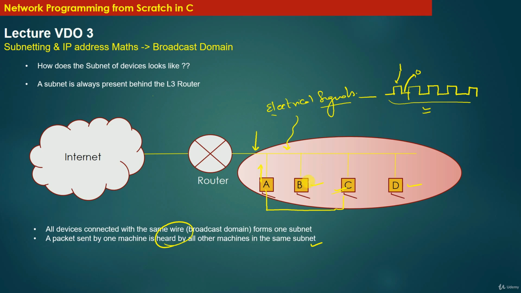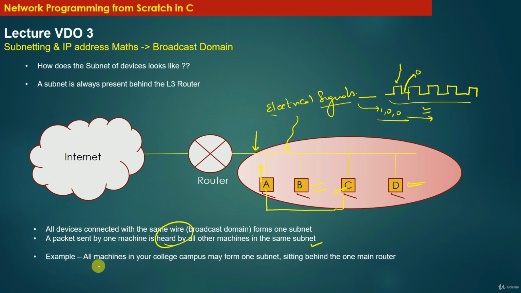Processing the electrical signals detected on the wire is equivalent to processing the packet, because these electrical signals are nothing but 1010 bits, which eventually represent a frame or packet traversing the wire. So depending on certain criteria of L2 routing, machine B and machine D may choose to ignore these electrical signals, or they may choose to process them.